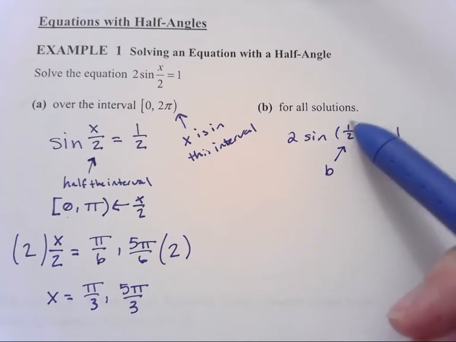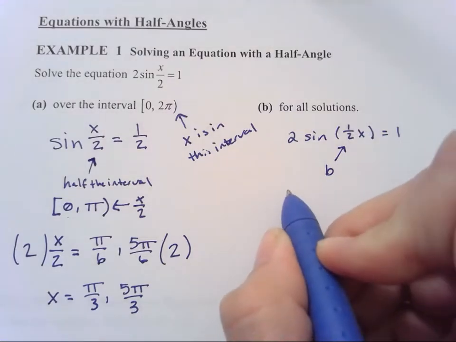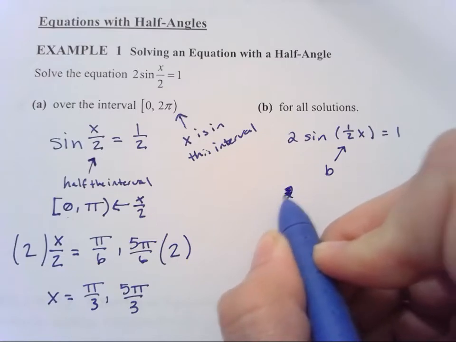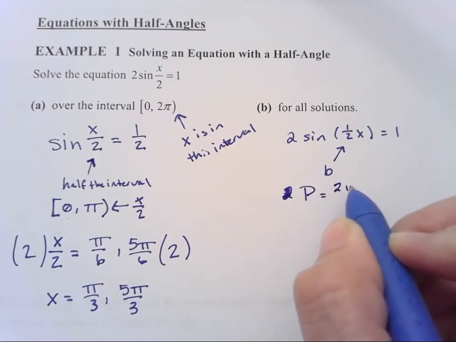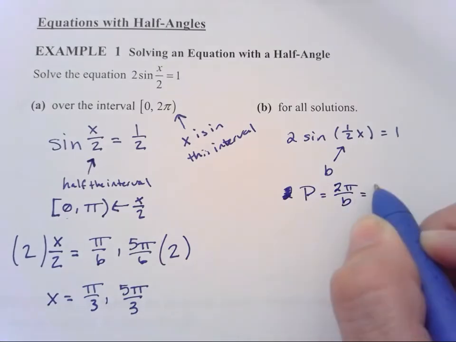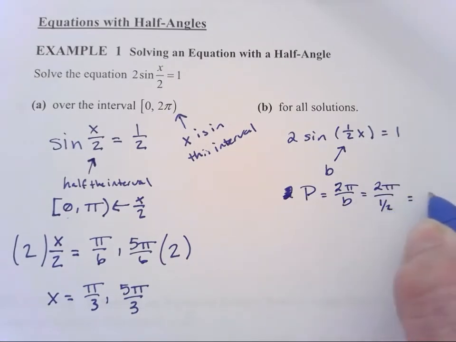This number represents how many waves in a normal period. Well, that's half a wave in a normal period. So the period of this function is 2 pi over b, or 2 pi over 1/2, which is 4 pi.